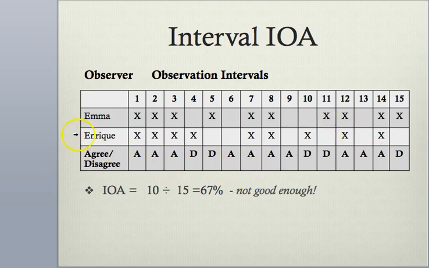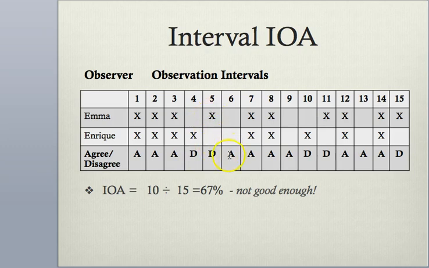And you'll note that they do not always agree. But what we can do is, for each interval, so here's interval 1, they both saw that the behavior occurred, so we record it as an agreement. The same is true for interval 2 and interval 3. But for interval 4, Enrique recorded a behavior and Emma did not, so we call that a disagreement. We have another disagreement when Emma sees the behavior in interval 5 and Enrique does not.